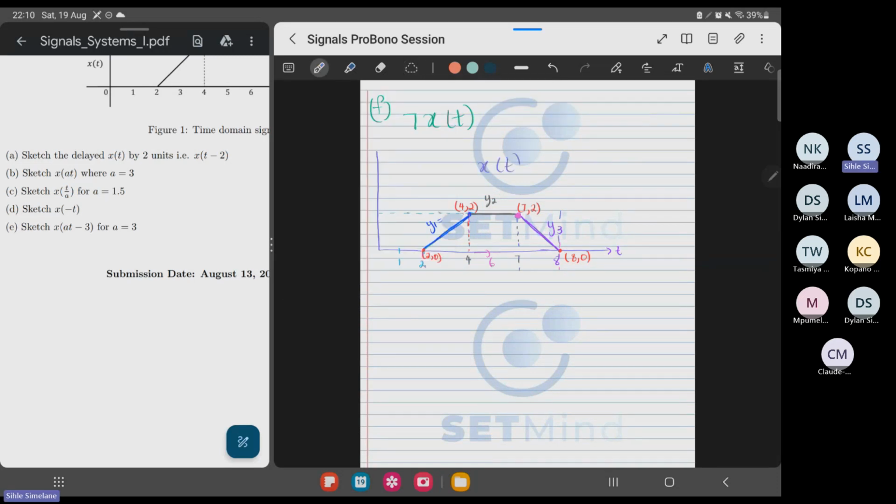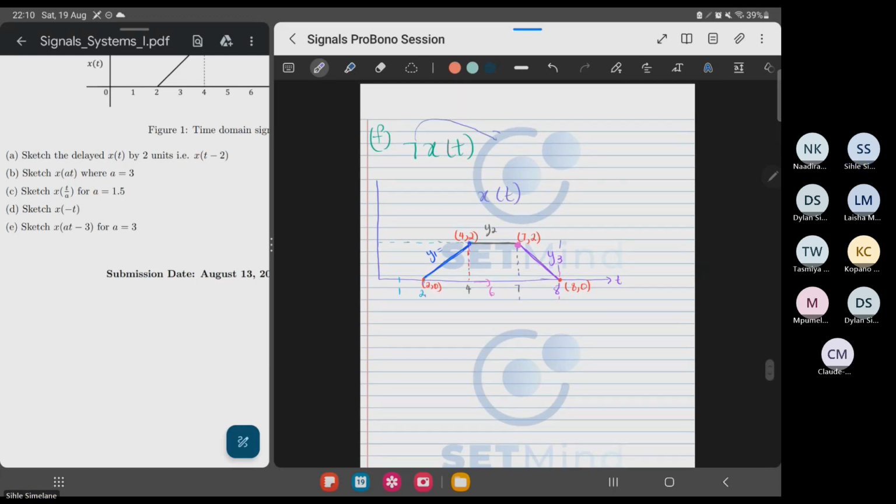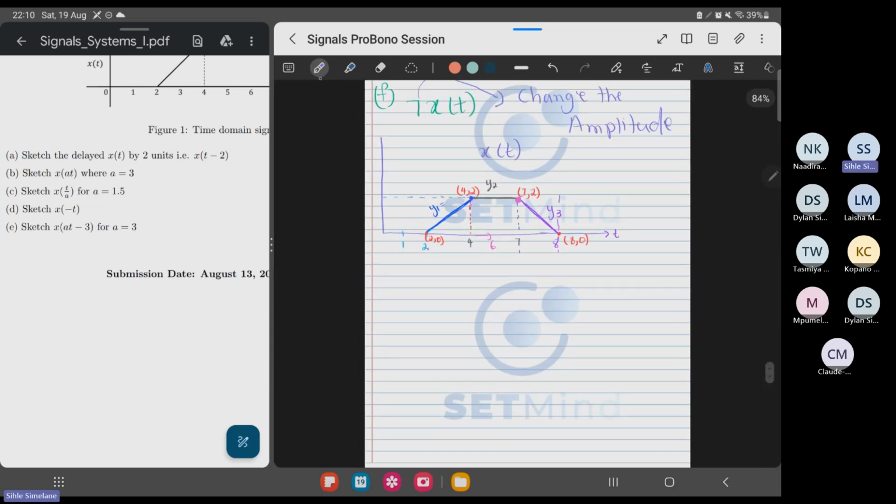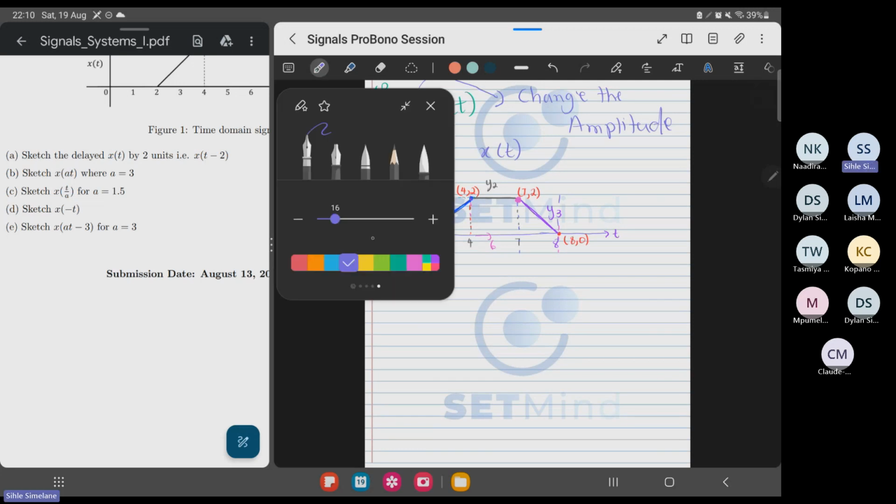So the 7 here implies that we need to change the amplitude. My new graph is going to look exactly like the previous one. Let's quickly sketch it.